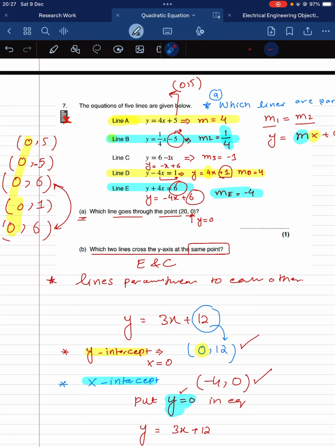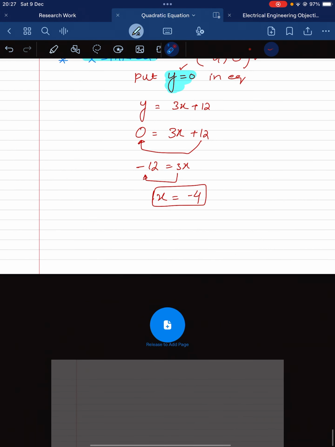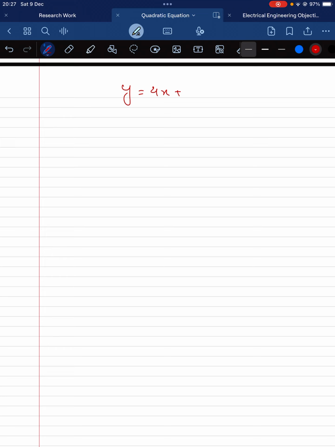Let's say we find the x-intercept for the first line, y is equal to 4x plus 5. For the x-intercept we put y equal to 0. Now place y equal to 0 in this equation.